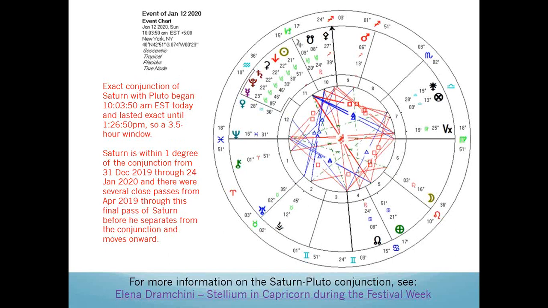Could I add a few things here? Yes, please. The main thing that everyone is talking about is this conjunction of Saturn and Pluto, as BL has just said. Because Pluto is the furthest away from the sun, it moves so slowly.